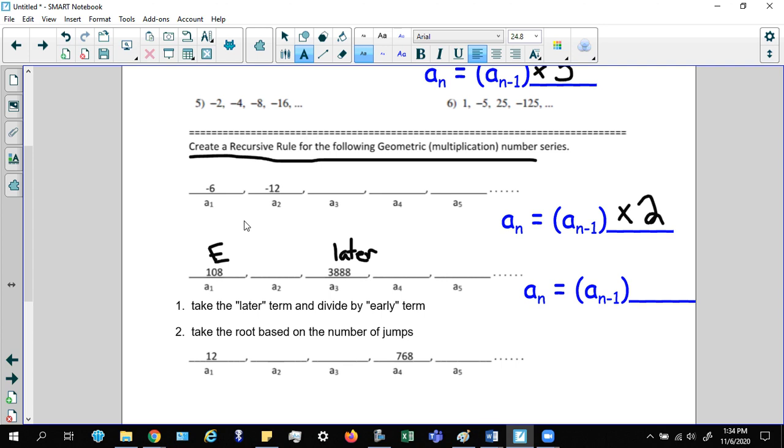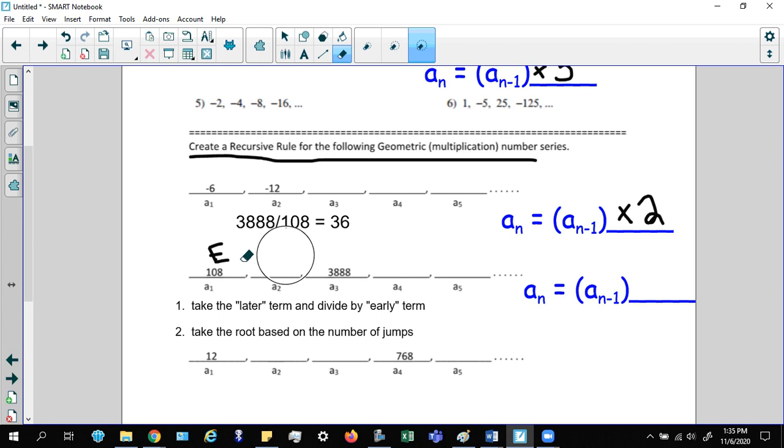So up here, 3,888. Divide that by the early term, which is 108. We get, I want to say it's 64. Oh, sorry, 36. My bad. It's 36. Now it says take the root based on the number of jumps. Let me clean this up a little bit.